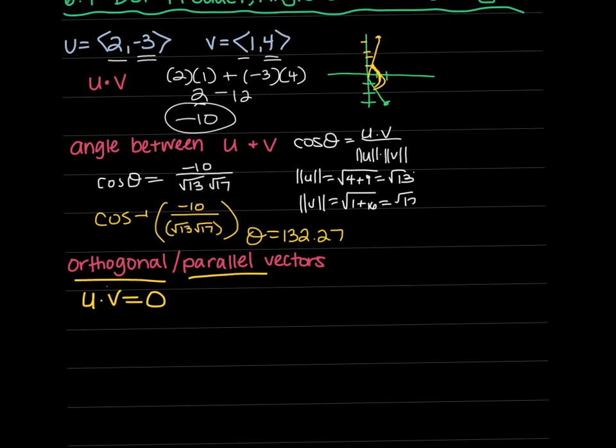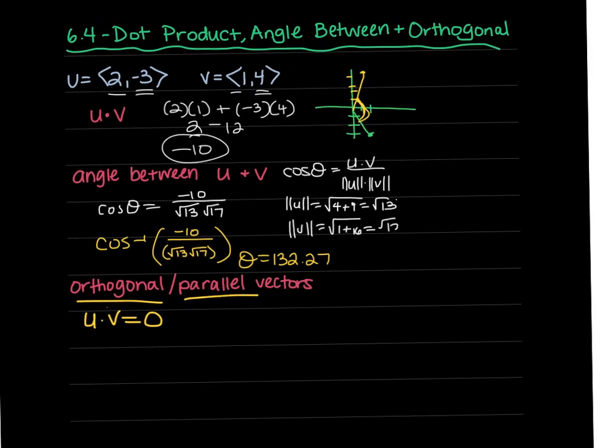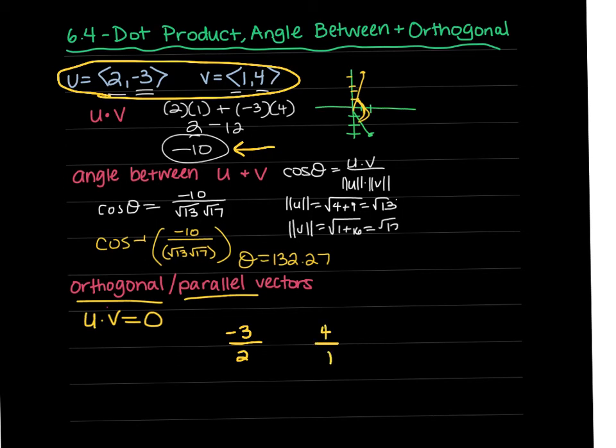So if I take u and v, and I found the dot product, I'd know it's -10. That makes this not orthogonal. And then if I had taken the change in y, which is -3, over the change in x, which is 2, and compared it to the change in y of the second one over the change in x, which is 1, these are not equal, which means that these would be neither parallel nor orthogonal.